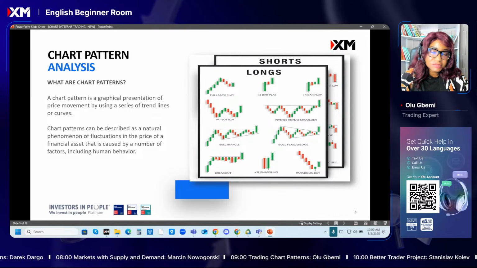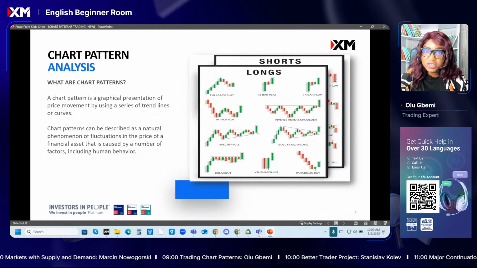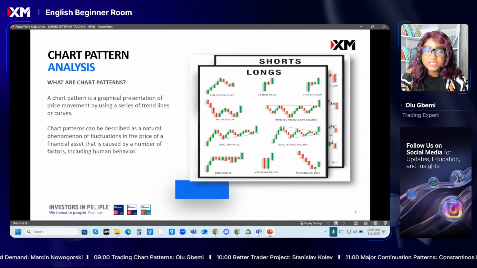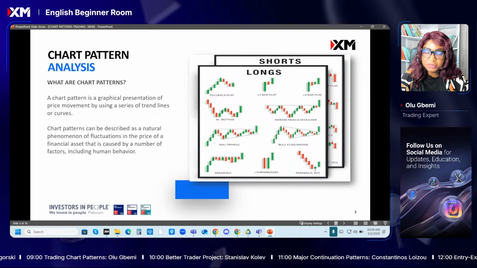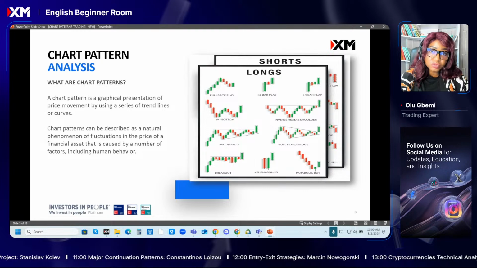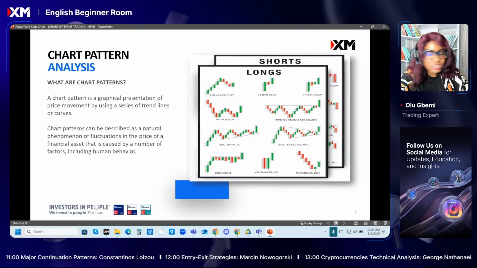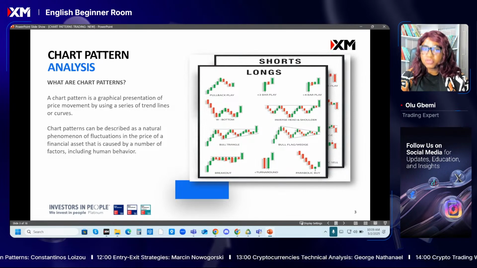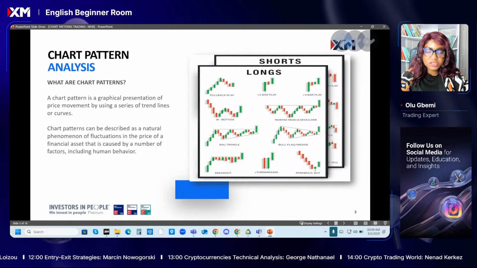These are patterns because they are repetitive. They appear in the past and then you see them again in the future. It becomes easy for you to start envisaging or having an expectation of what the price is going to do, because in the past, the majority of the time, they've moved in a certain direction after such patterns form.